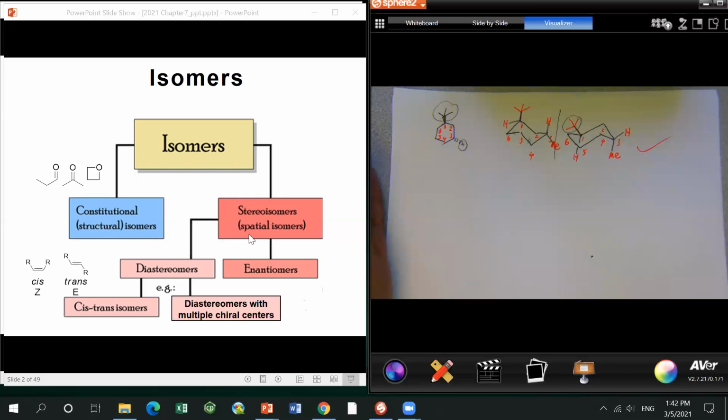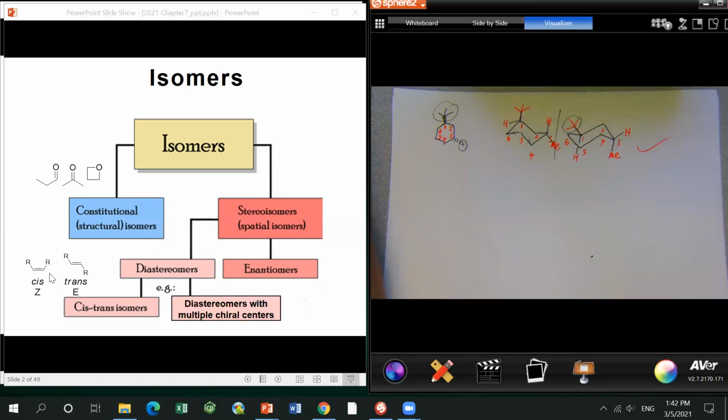For stereoisomers, the connections are the same, such as the same carbon double bond, but the spatial arrangement, or pointing, is different. For example, the cis-trans isomers we just learned belong to stereoisomers.